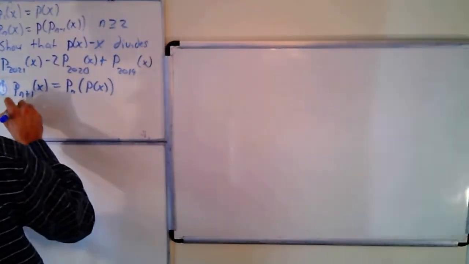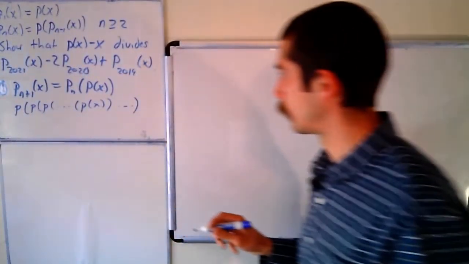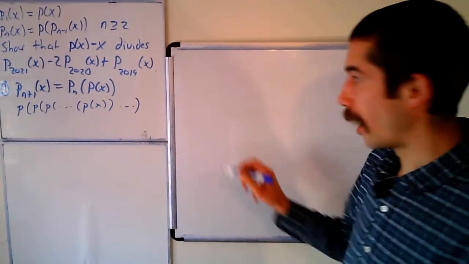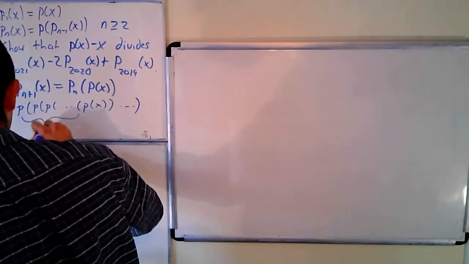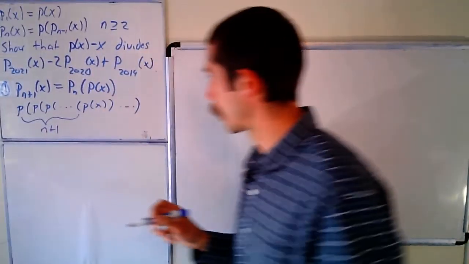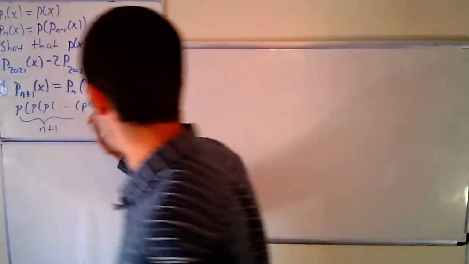That's p of p of p of dot dot dot of p of x, n plus 1 times, right? There's n plus 1 p's here.